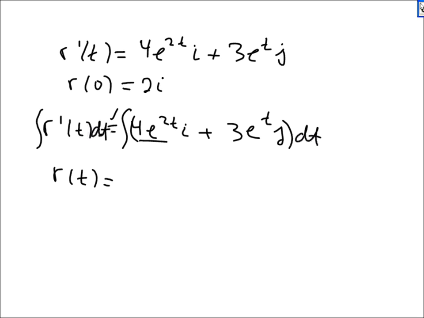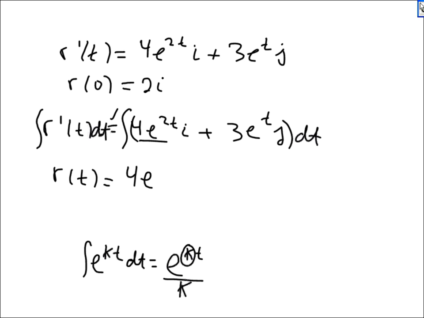Now remember, the integral of e to the kt is e to the kt divided by the constant that t is being multiplied by.